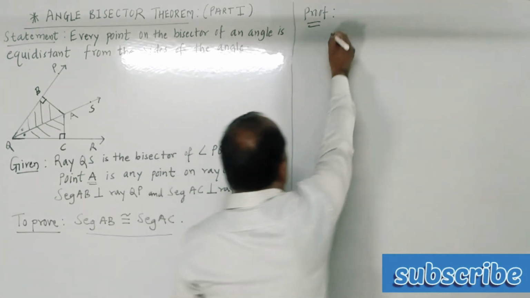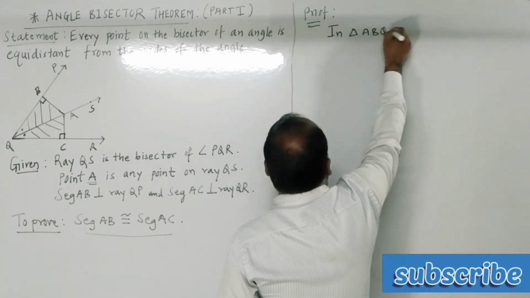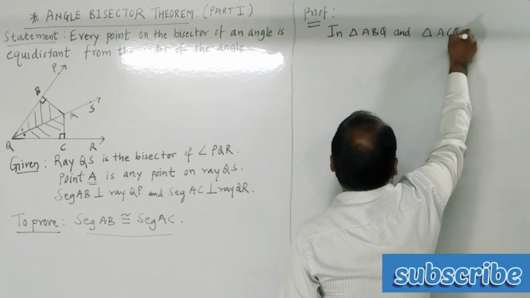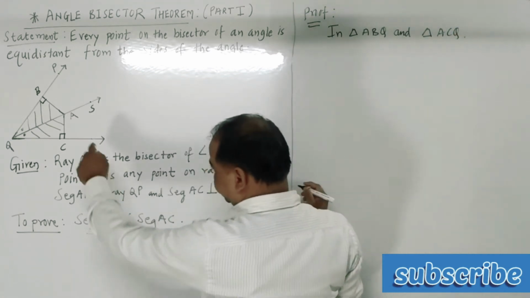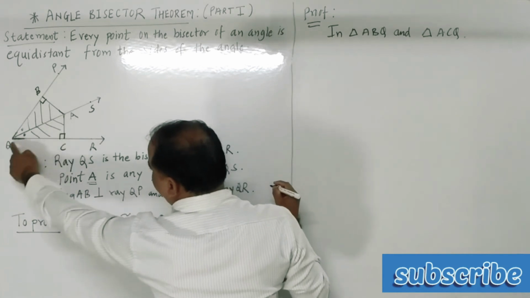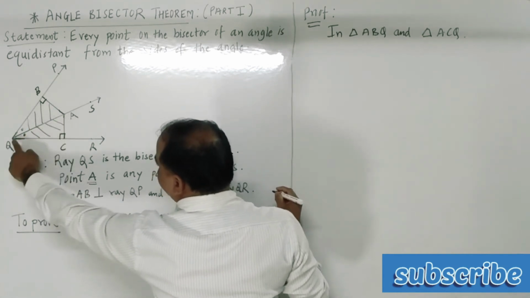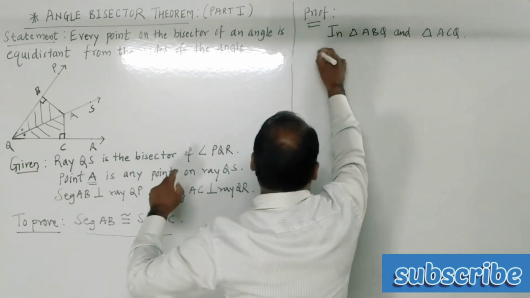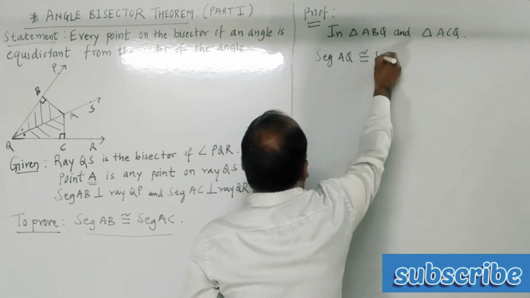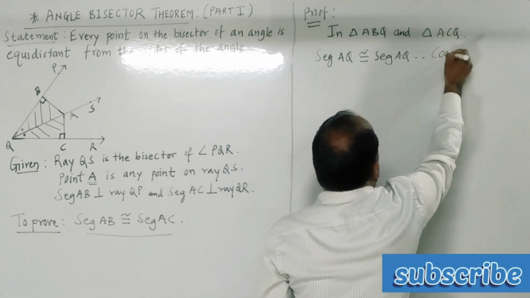So in triangle ABQ and triangle ACQ, these two triangles, this side AQ is common in both the triangles. So segment AQ is congruent to segment AQ, a common side.